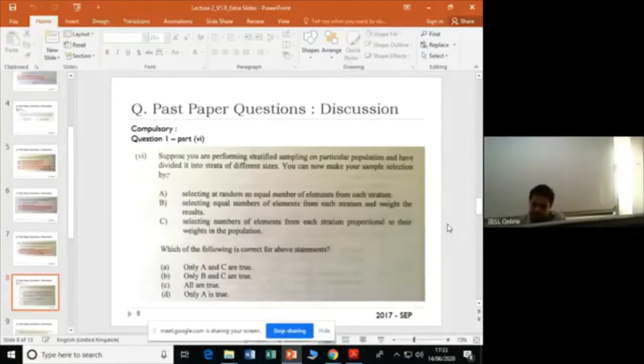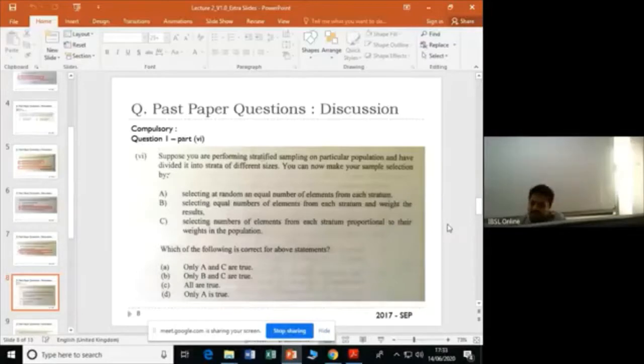A says selecting at random an equal number of elements from each stratum. Now students, the important thing is the strata are different in sizes, isn't that so? So let's say in our first stratum we have 10 items, second is 7, and third is 8. What if we select 3 from each?